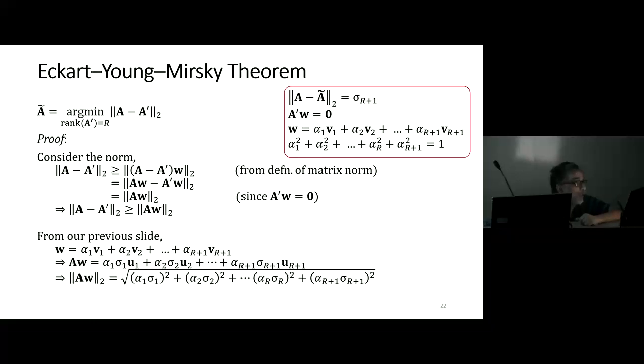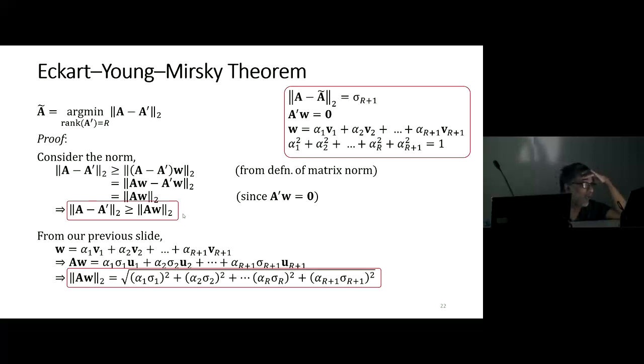So what's the L2 norm of AW? It is equal to the square root of, take the squares of all the coefficients, add them up together. Correct? So this is the L2 norm of AW. Two important expressions that I will use right in the next slide. Okay. Any questions?